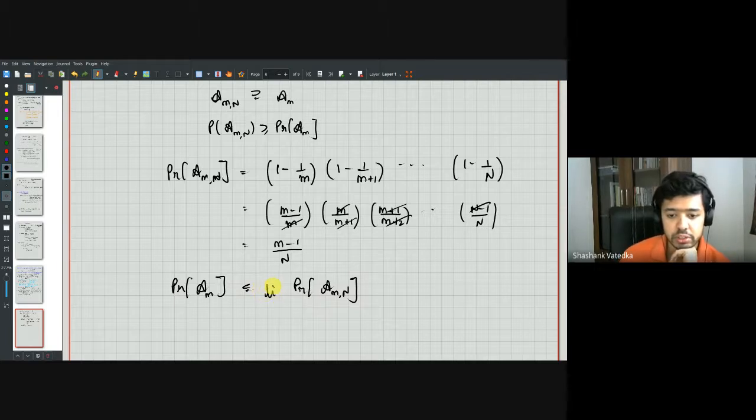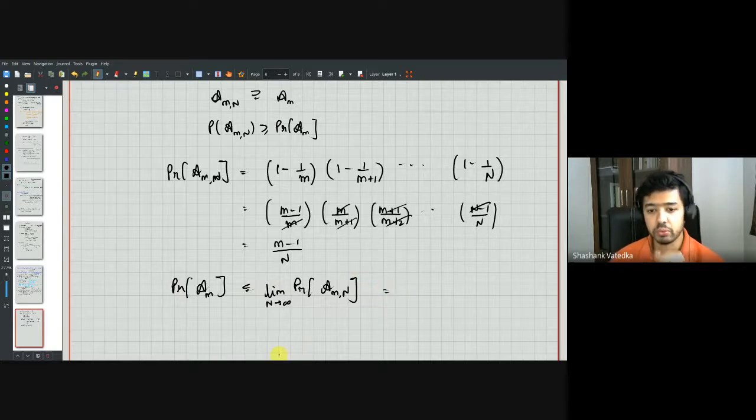So in particular, this is true for the limit as n tends to infinity of the probability of AM comma N. But what is this equal to? You fix an m and you're letting n tend to infinity. So this is simply equal to 0.